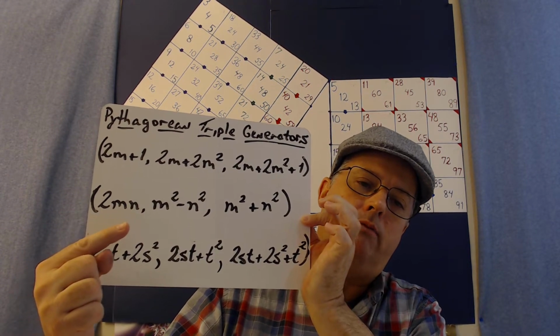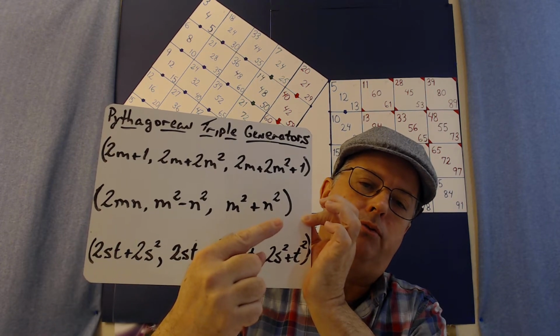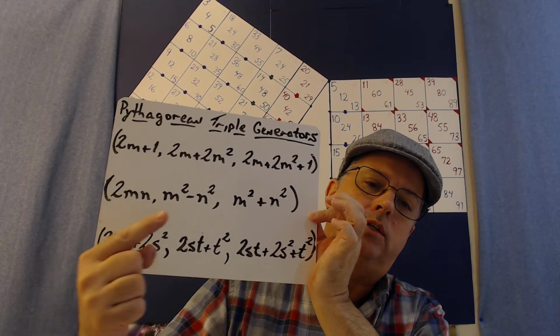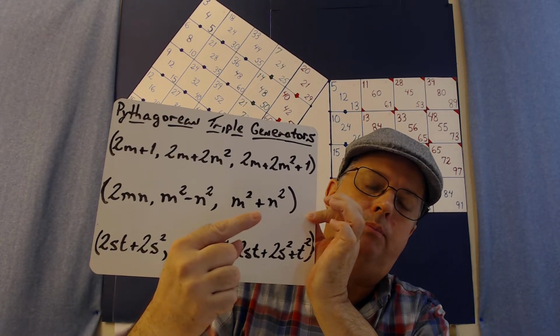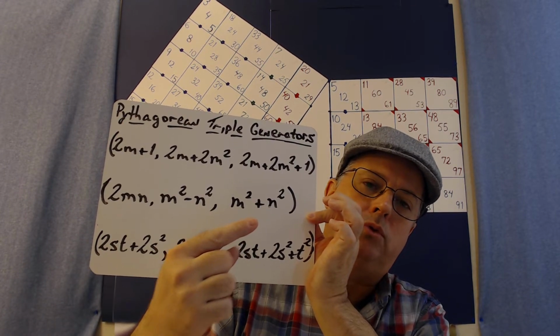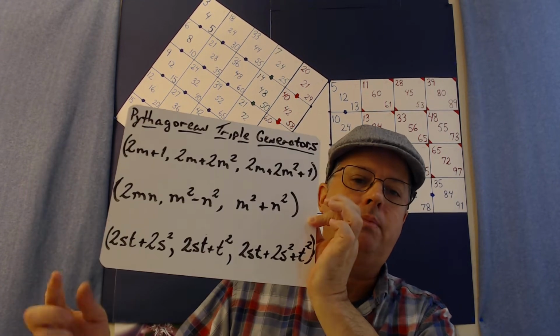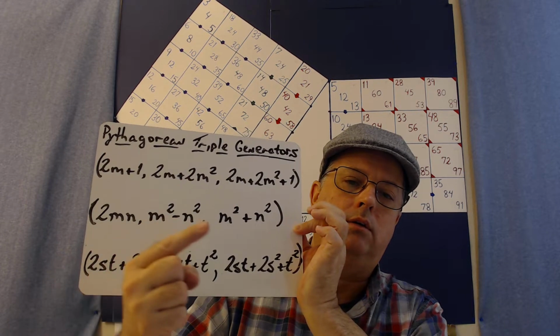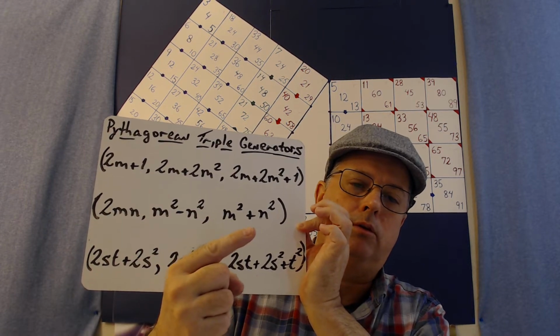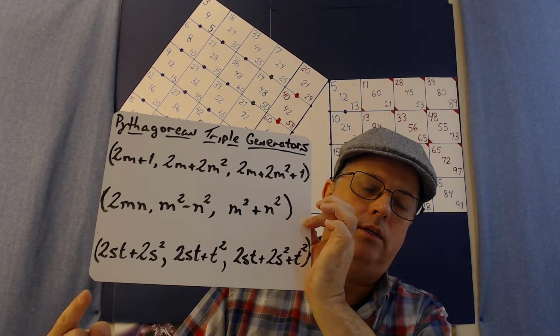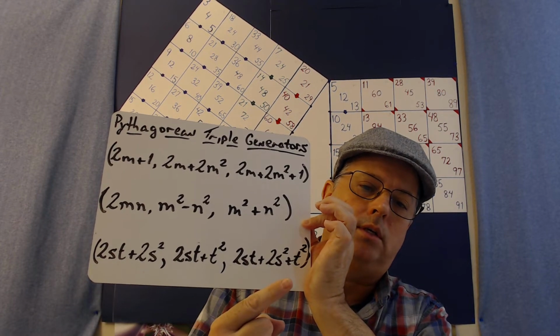And then here we have Euclid's formula for generating Pythagorean triples. And this gives us all the primitive Pythagorean triples that we have displayed in this illustration behind me. And we've talked about that particular formula already. And this is the third one that we're discussing now.